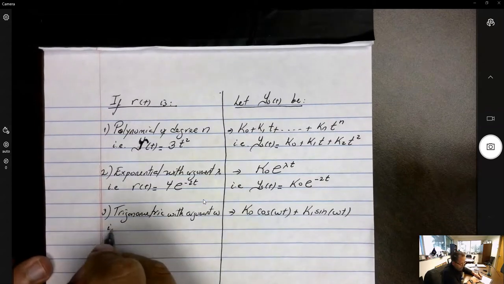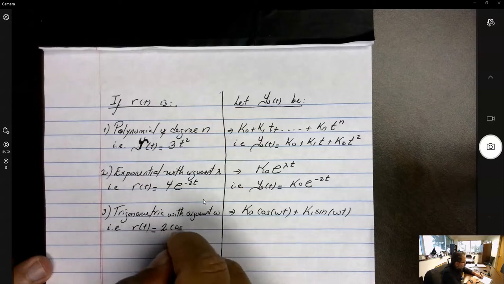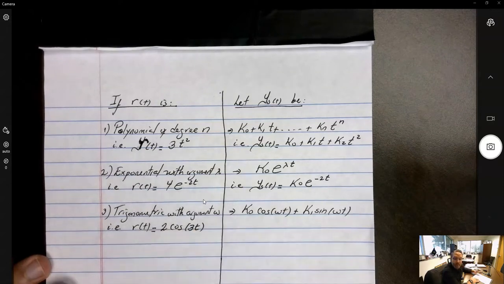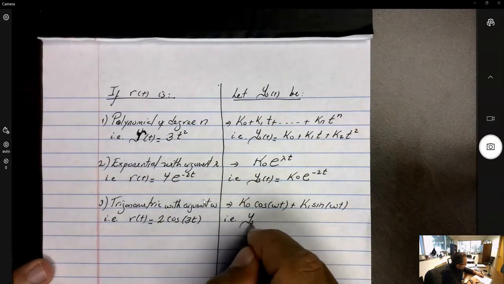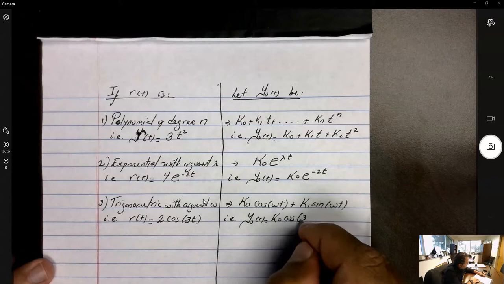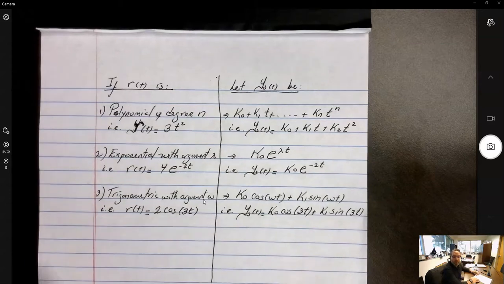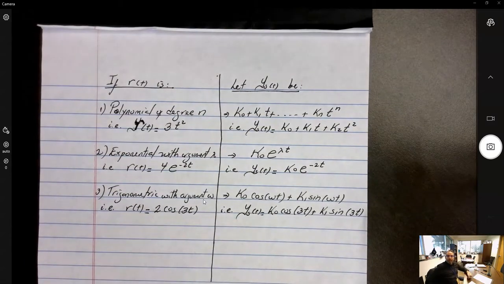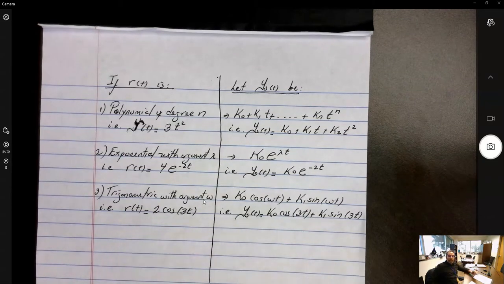So, for example, if r of t happens to be equal to 2 cosine of 3t, that's the forcing function, then ys of t will be k0 times the cosine of 3t and k1 times the sine of 3t. You have to include both trigonometric functions, even if the forcing function only has a cosine or a sine, then the expected specific solution has to have both versions of the trigonometric function.